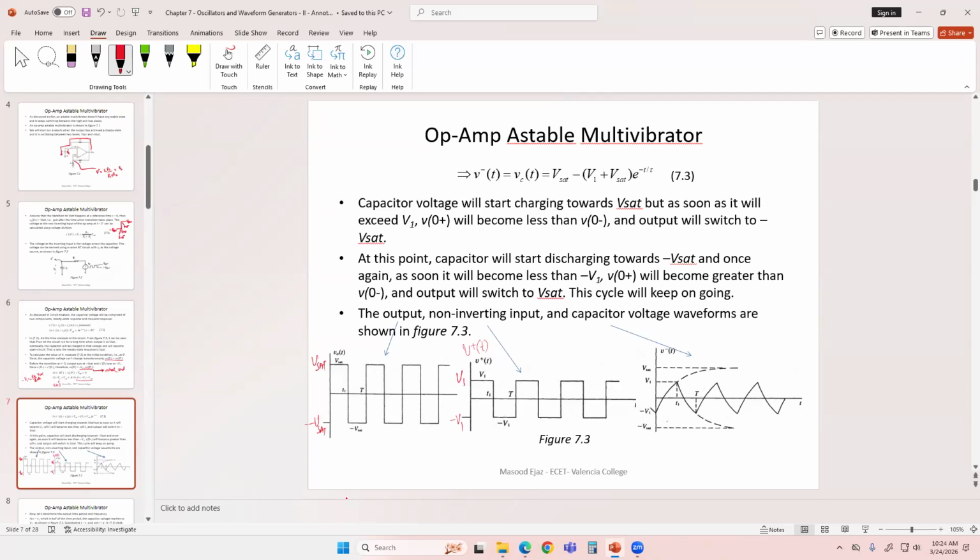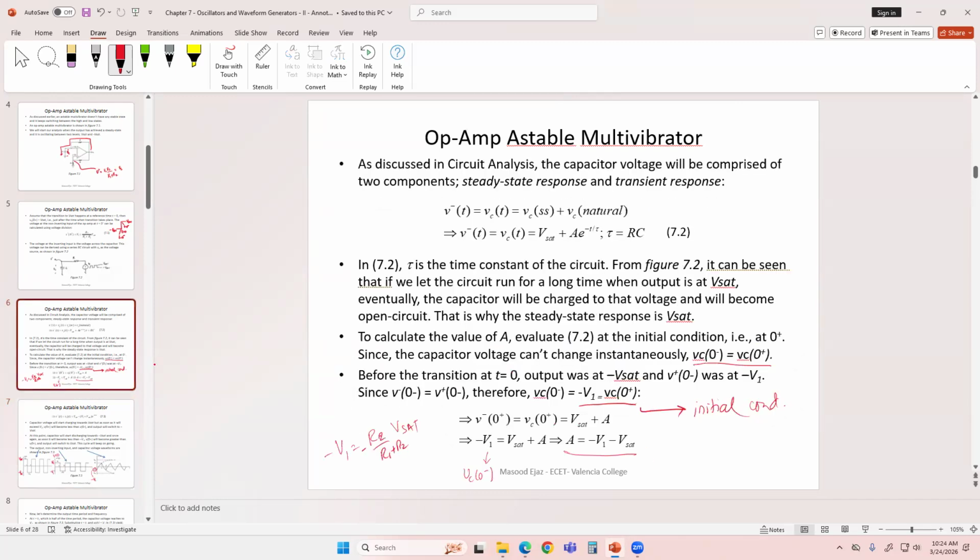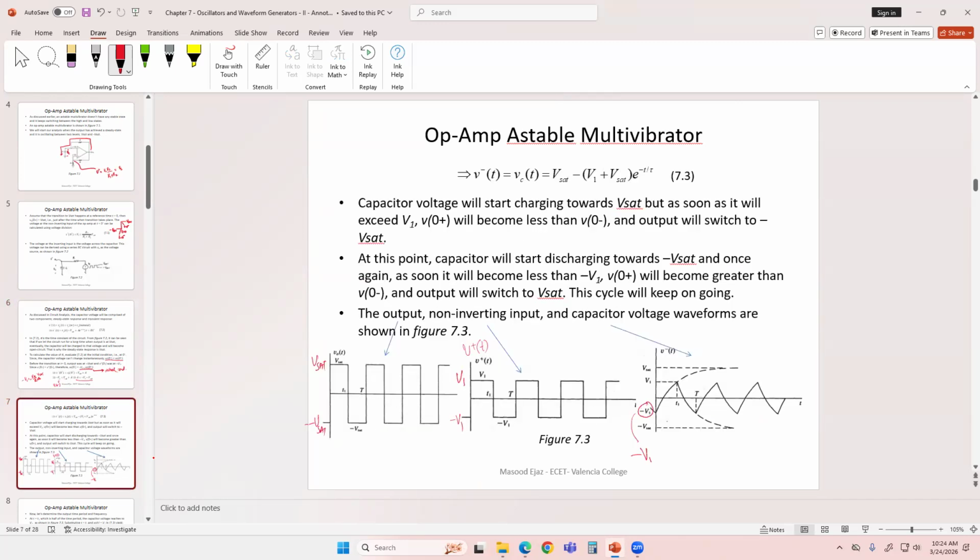So at t is equal to 0, the value of the capacitor voltage was negative V1, as we discussed right over here. V negative at 0 positive was negative V1. So it is at negative V1, and then it starts charging.